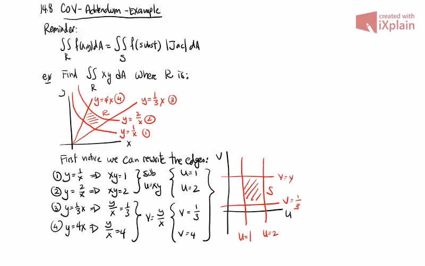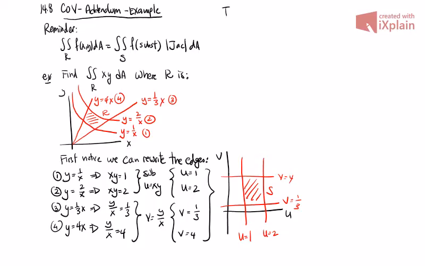Take a second to see how that all works out. We rewrote the edges, we saw the commonalities, we made a substitution, then that gave us a new shape which is much nicer. As we know, when we do this change of variables, the R changes to S, so we've done that. We need to substitute for the integrand.